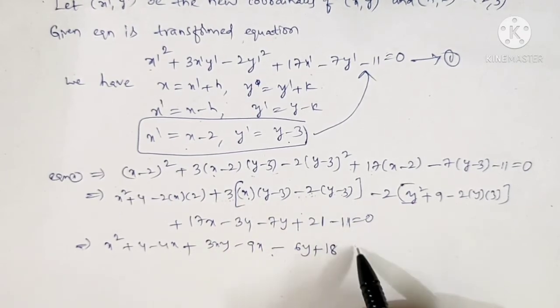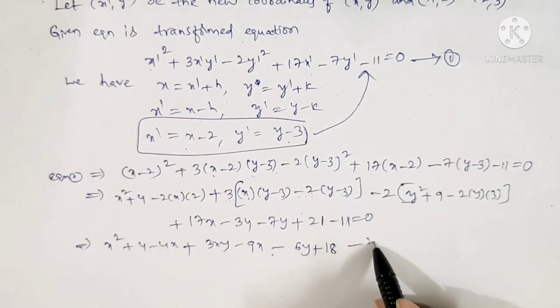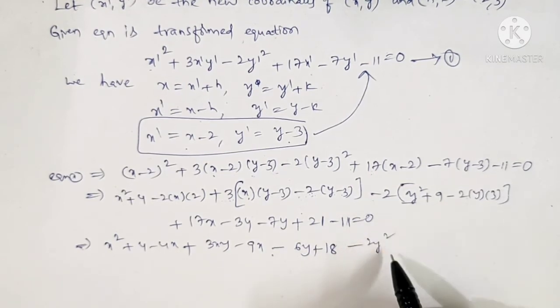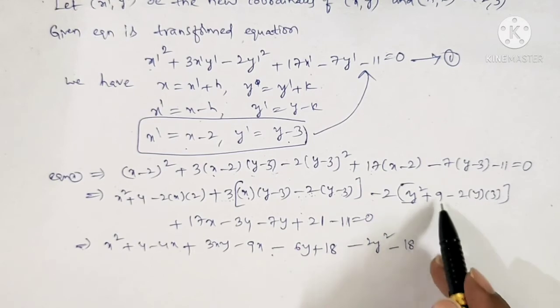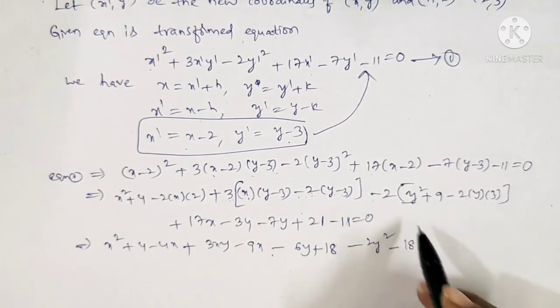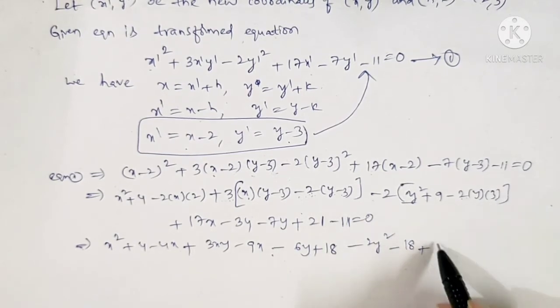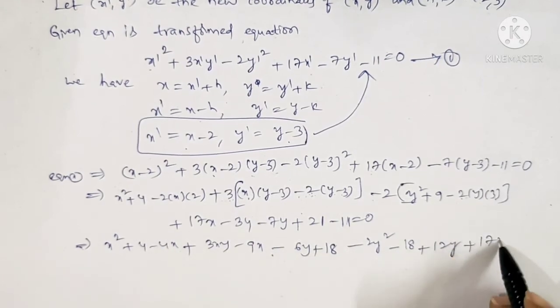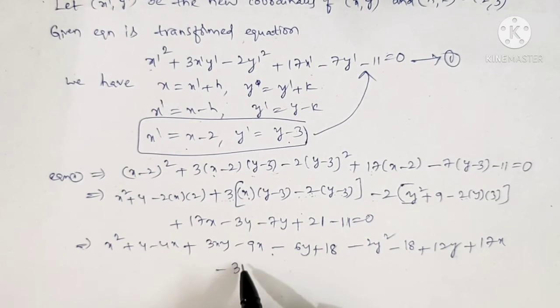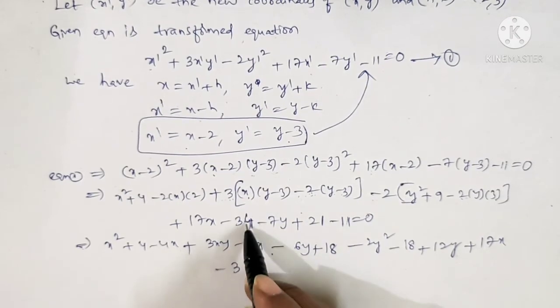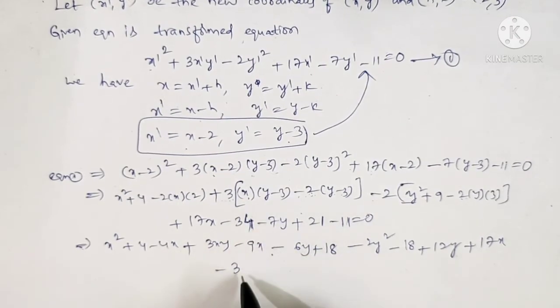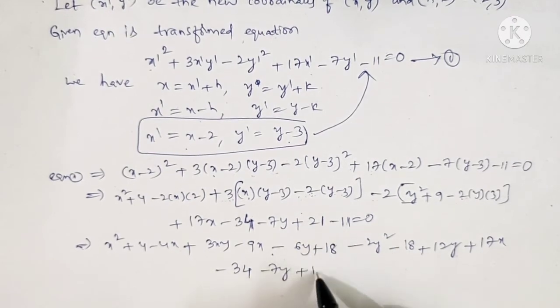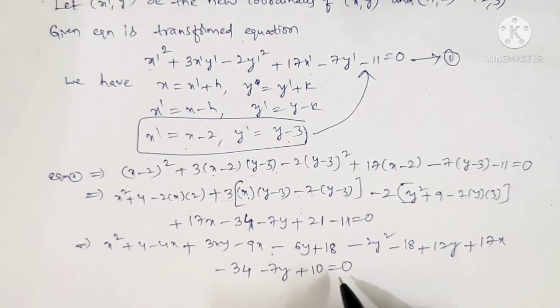Now here also minus 2y square, minus into plus minus, 9 2s are 18, minus into minus plus, 2 2s are 4, 4 3s are 12, 12y, plus 17x minus 34, minus 7y, plus 21 minus 11, equal to 0.